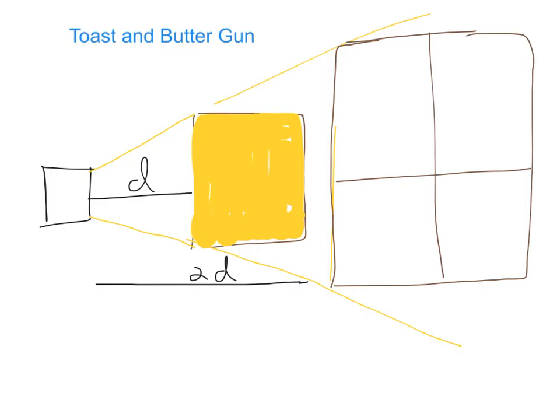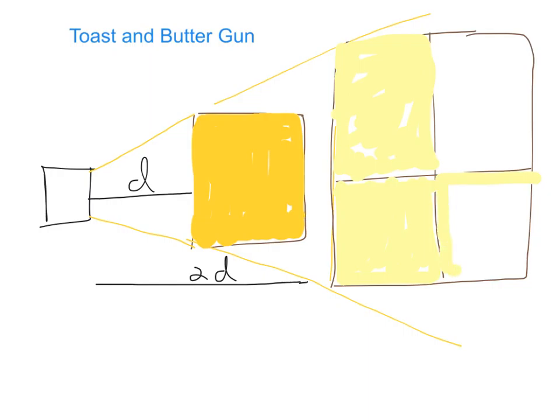But there's going to be less butter. So we're covering a wider area, getting more toast buttered, but it's less than when it was close. And this is showing the inverse square relationship.